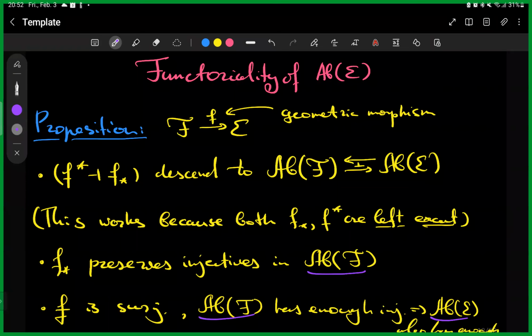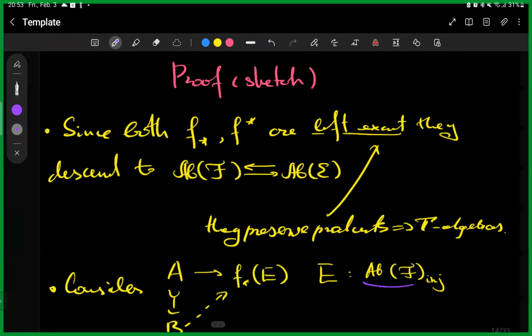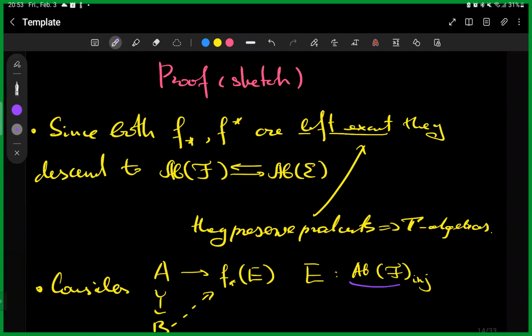Please stop me if something is unclear or you just want me to slow down. Thank you for doing that. So we want to show that the image of an injective object is an injective object itself. For this, we consider a diagram of this form, and we want to find a lift like this.